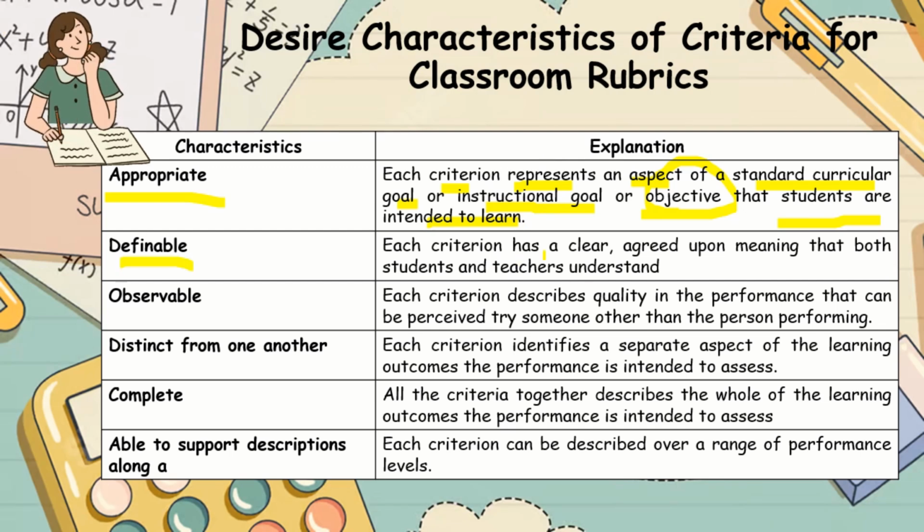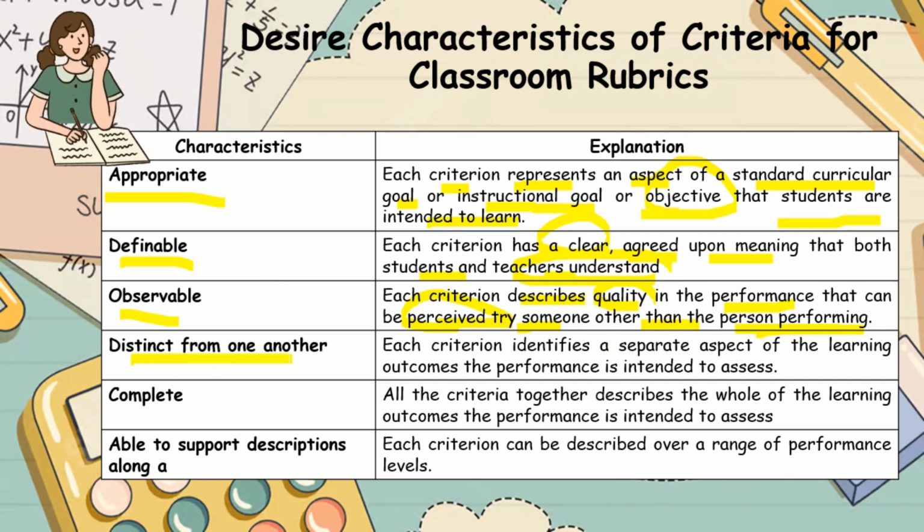So each criterion has a clear, agreed upon meaning that both students and teachers understand, of course. Next is observable. So each criterion describes quality in the performance that can be perceived by someone other than the person performing. So the performance or the rubrics must be visible and observable by the evaluator and at the same time by the audience and the person performed.